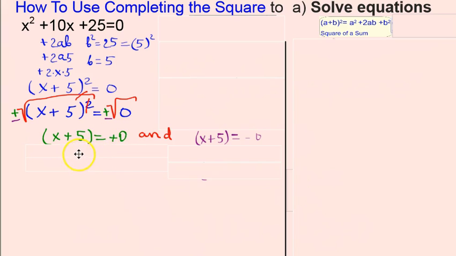This equation now would turn into x plus 5 equals 0, and by subtracting 5, I will find the first value of x. I will continue then solving the other equation, where it could be rewritten as x plus 5 equals 0, and that also will turn out to be negative 5.